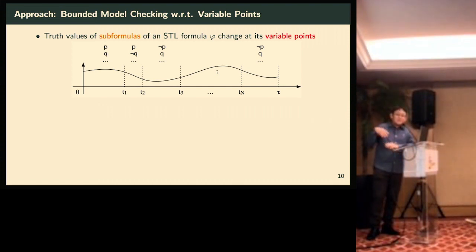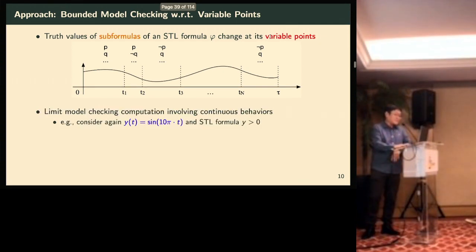So it's a kind of non-zeroness condition with respect to subformulas. When the truth value of a formula changes, we call it a variable point. So we want to model check an STL formula with respect to a finite number of variable points. Therefore, the bound parameter would be the number of variable points. So it's a simple idea.